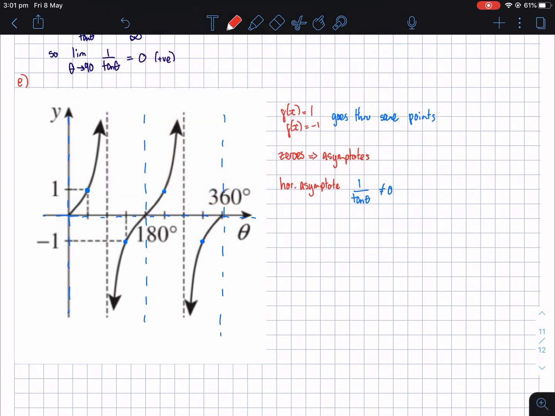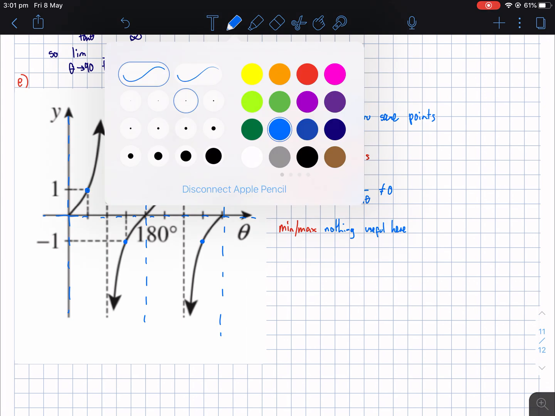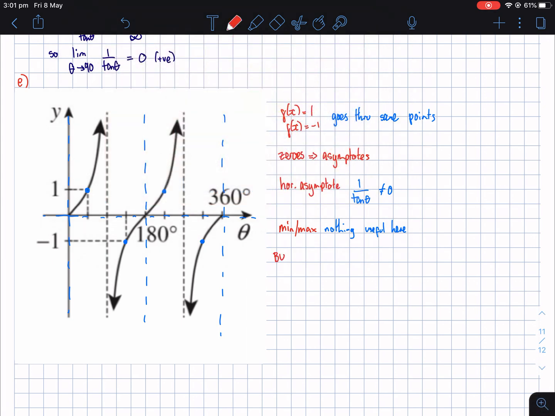And min or max, nothing useful here. But what we do know is, as theta equals 90 and theta equals 270, tan theta goes towards infinity and from minus infinity.